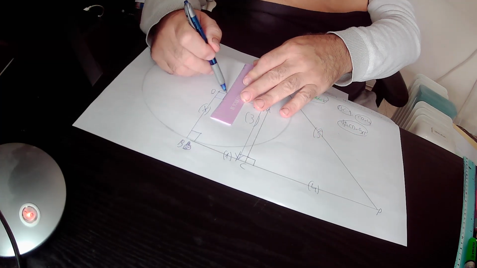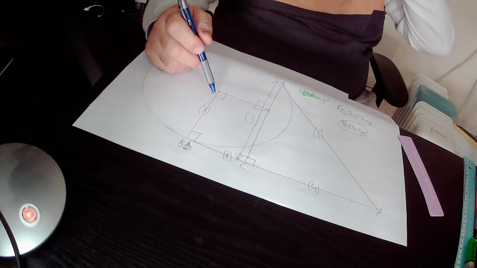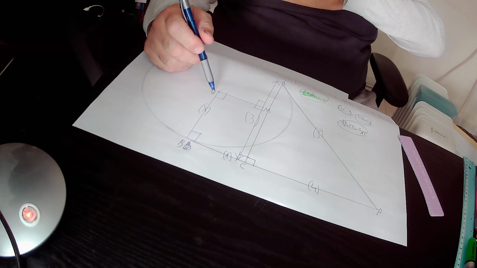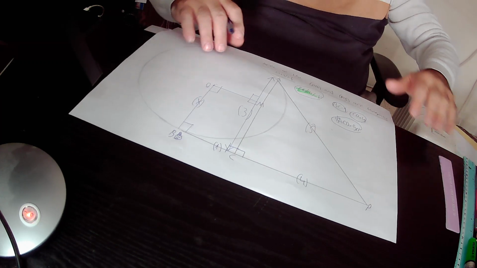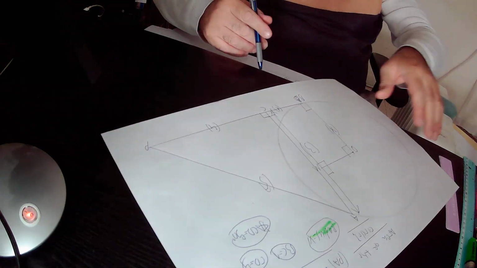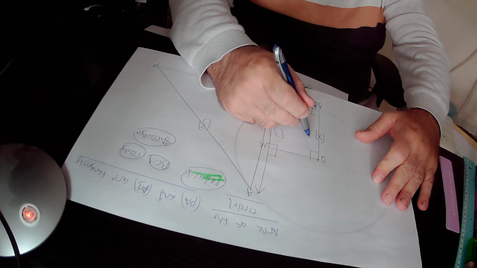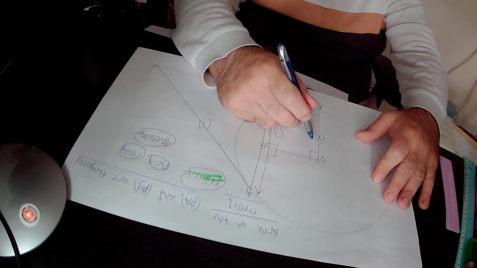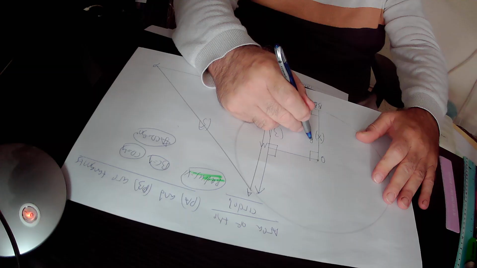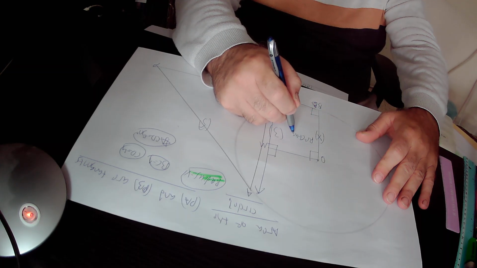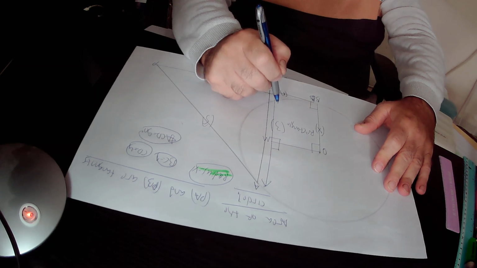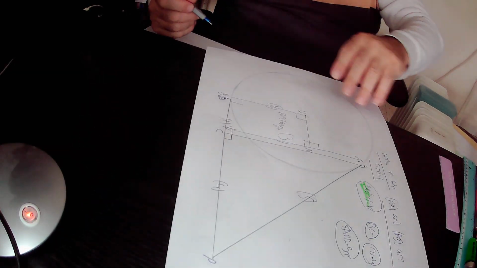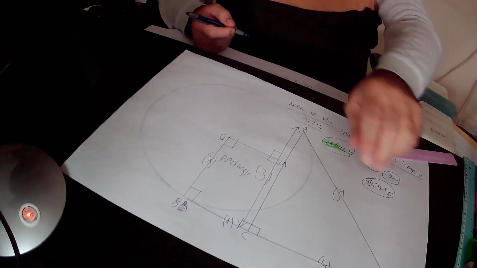So in quadrilateral OMCB we have 4 right angles, and therefore quadrilateral OMCB is a rectangle. We also know that the opposite sides of a rectangle are equal to each other.